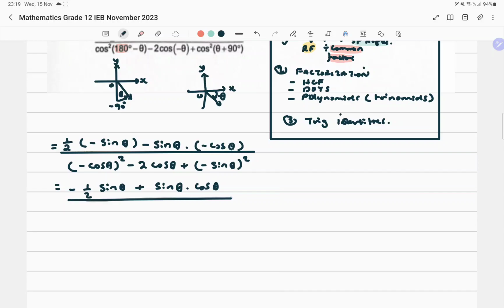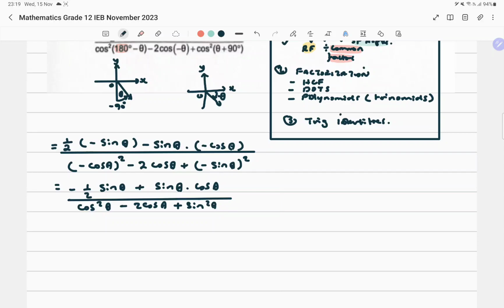Then here we get cos minus cos theta all squared, which is cos squared theta, that is positive. And then we've got minus 2 cos theta, plus this one is going to be sine squared theta.